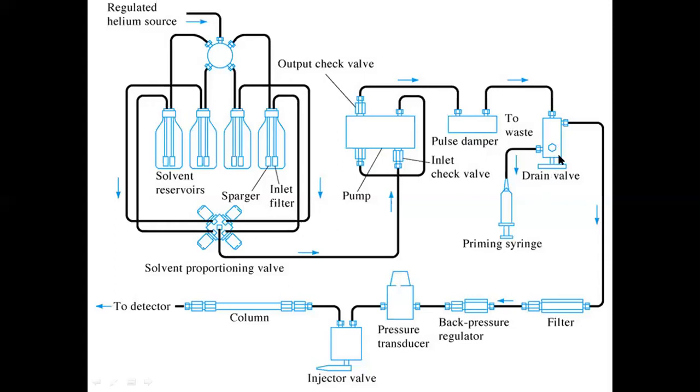Here exactly the sample is going to be introduced, and there is a drain valve in order to drain the solution, so any larger particulate matter is removed. The priming syringe is used to introduce the sample into the injection port. After the sample is introduced through the injection port, the solute molecules are carried towards a pre-filter.